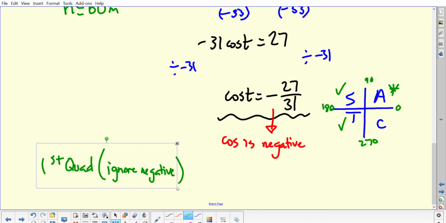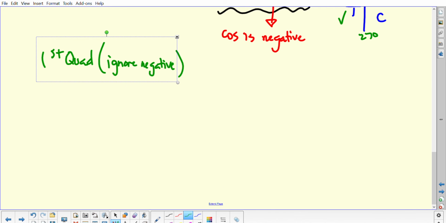So, taking your calculator, you want to be doing cos to the minus 1 of your positive 27 over 31, and that's going to give us a value of t.